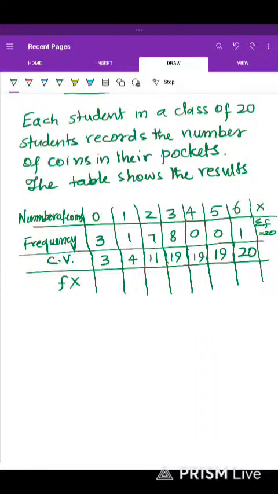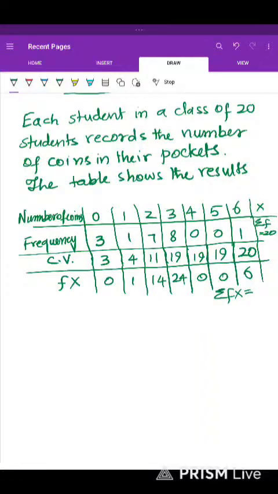Frequency and number of coins are multiplied. 3 multiplied by 0 is 0, 1 multiplied by 1 is 1, 7 multiplied by 2 is 14, 8 multiplied by 3 is 24, 0 multiplied by 4 is 0, 0 multiplied by 5 is 0, 1 multiplied by 6 is 6. And we have to find their sum also, the sum of these fx values will be added all together.